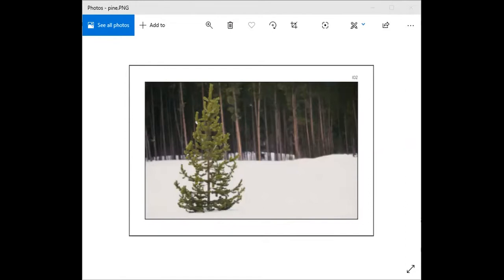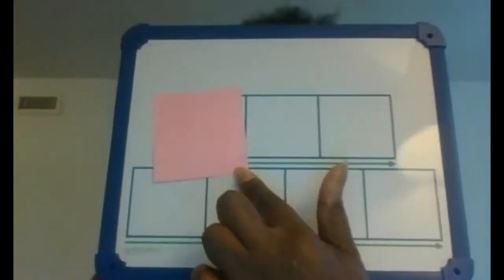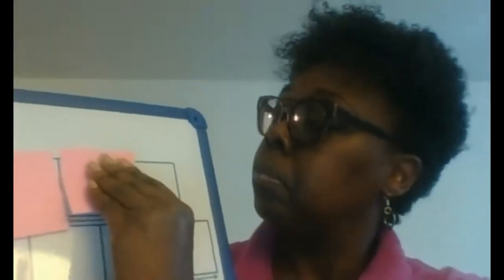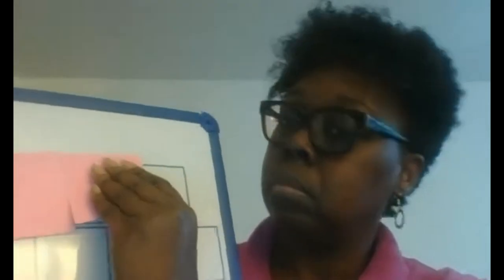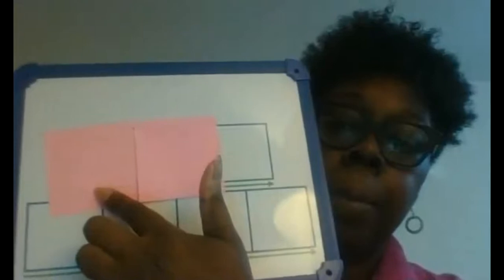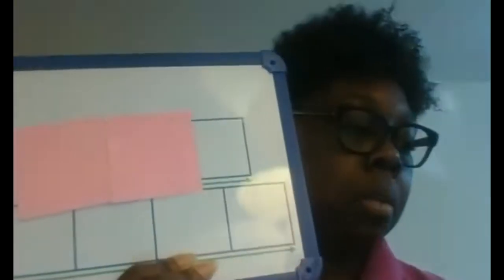What's the first sound? Correct. The first sound is P. Good job. What's the second sound in pine? P. I. And what's the last sound?